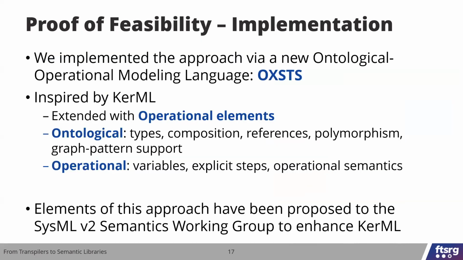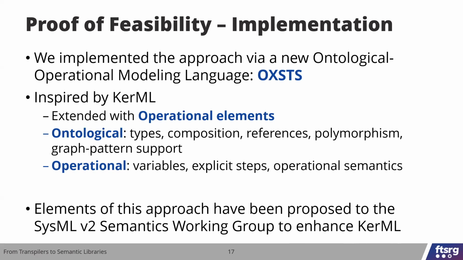So for these solutions, we implemented a proof of feasibility to prove that it is actually possible to implement and do the things that we have proposed in higher level languages. For that, we implemented a new ontological operational language, which is called OXSTS.